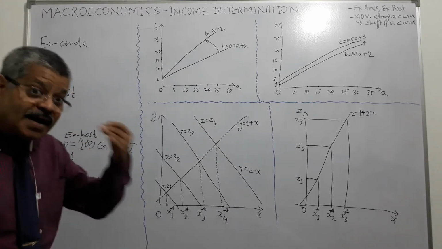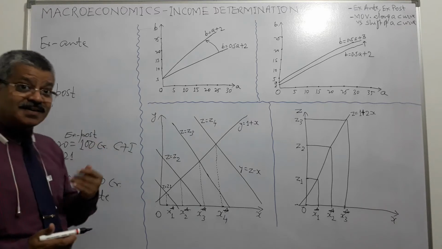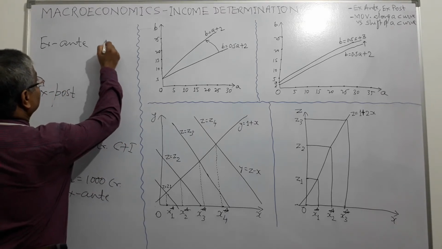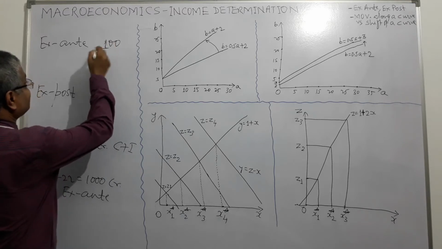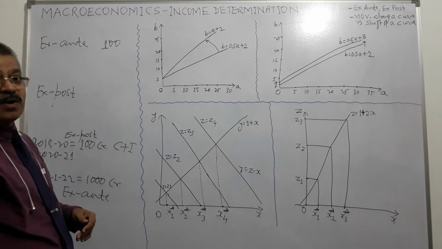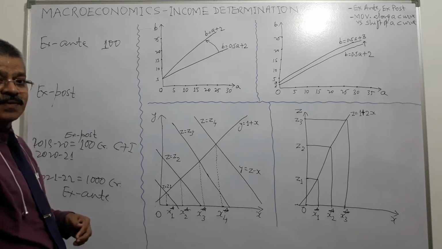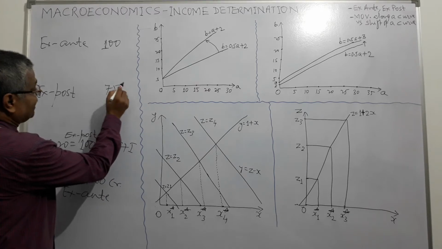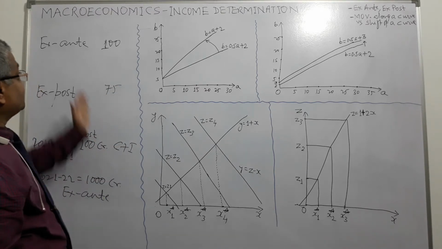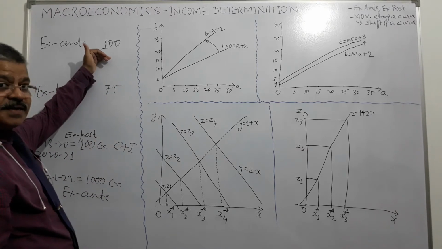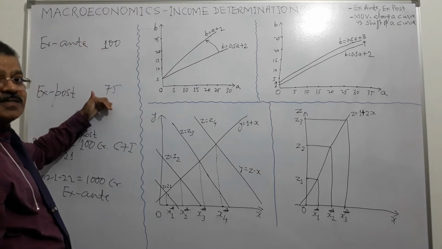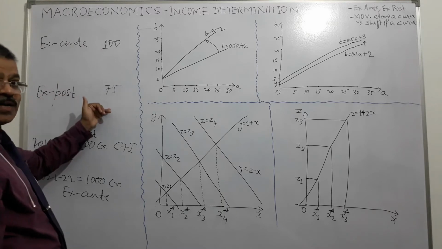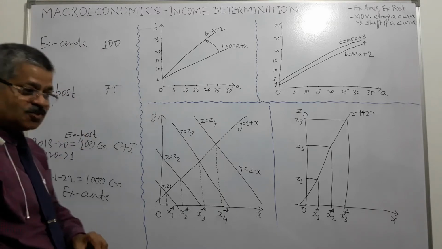When I planned to invest 100 rupees, that was ex ante. And the actual position is 100 minus 25 equals 75. That is the ex post. What I planned is 100, what I actually achieved is 75. What I planned is ex ante. What I actually achieved at the end of the period is ex post.